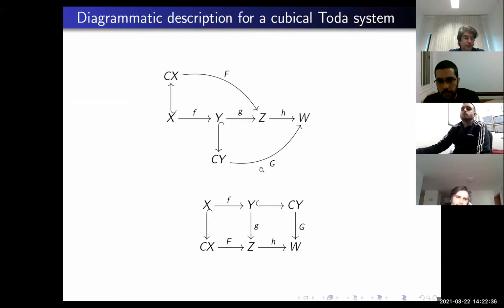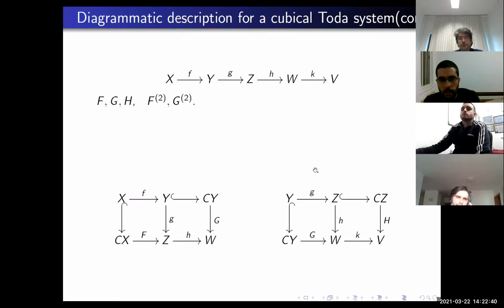Okay, so this is the first situation. Now I'm going to the second order Toda bracket. It's when we have four maps, three first order null homotopies and two second order null homotopies.